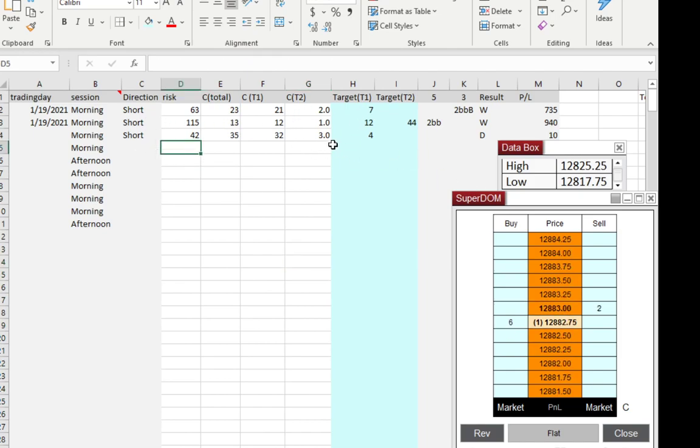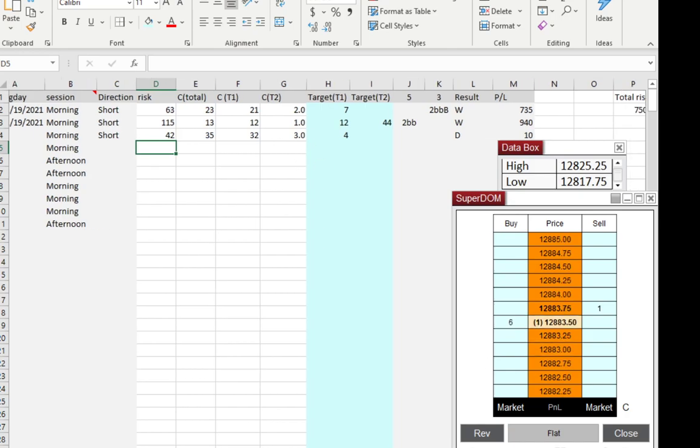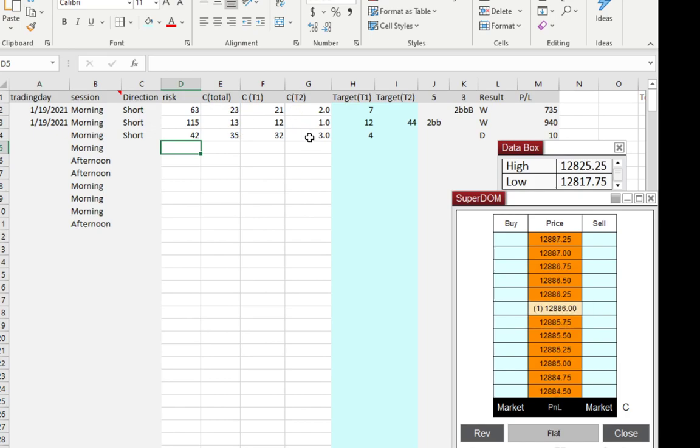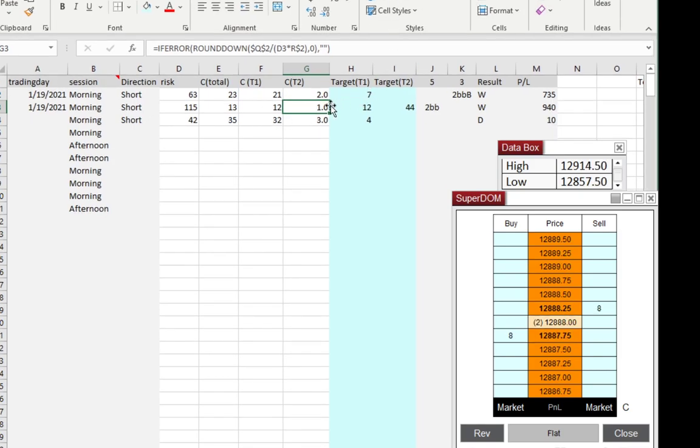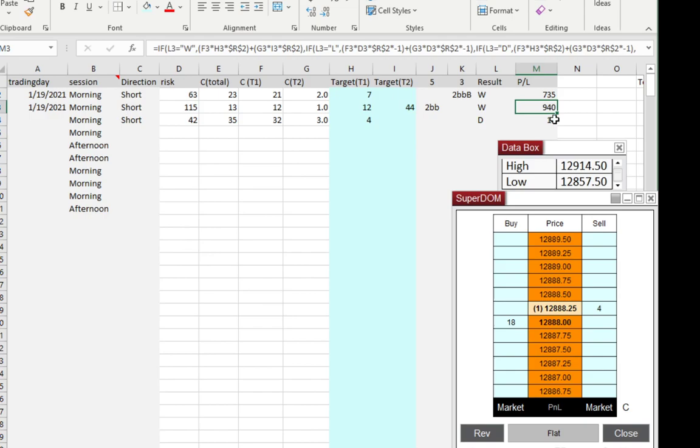I'd take that chance any day, and that means we'll hold on to a risk-free contract and let that thing run. If you're looking at higher time frames, there's no cap to where this T2 can go. This one went 44.